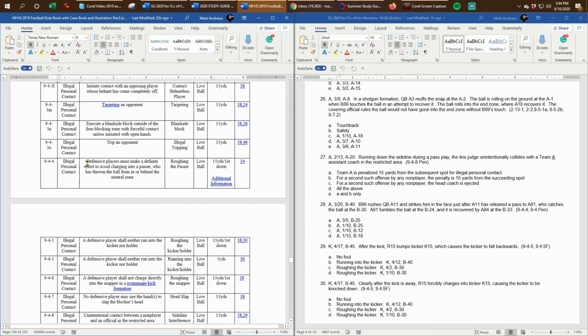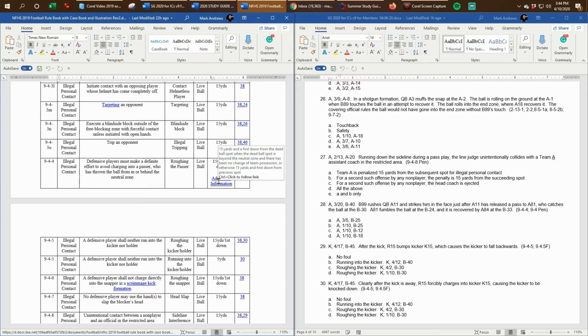So, illegal personal contact, roughing the passer, 15 yards and a first down, and 15 yards and a first down from the dead ball spot when the dead ball spot is beyond the neutral zone and there has been no change of team possession, or otherwise 15 yards and first down from the previous spot.